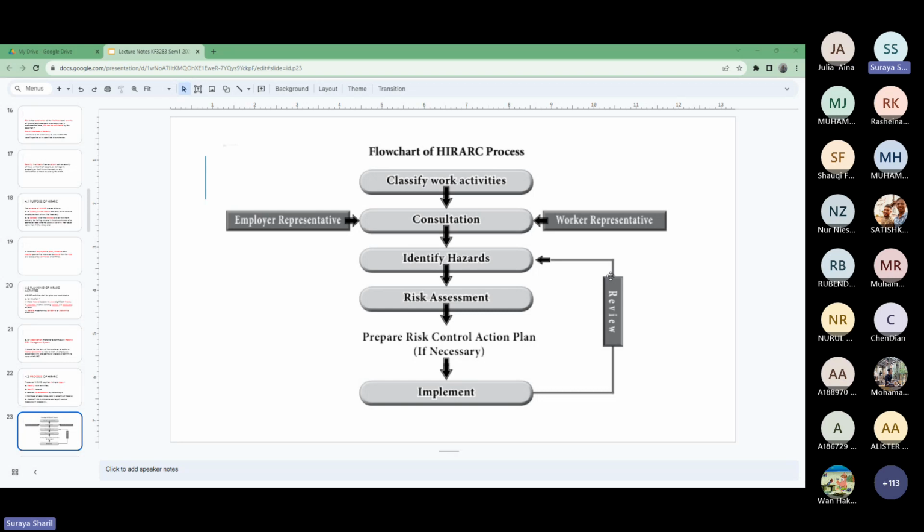There will be an assessment, and from there we review and make improvement. So there are 1, 2, 3, 4, 5 steps here in the HIRARC process.